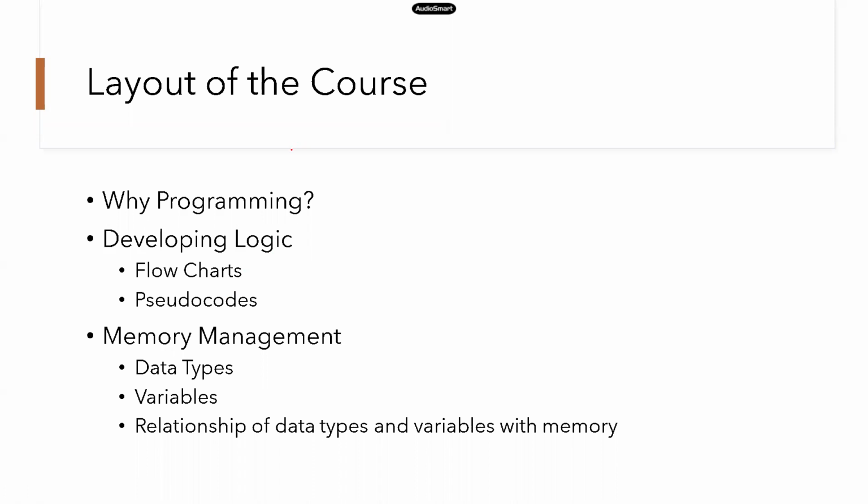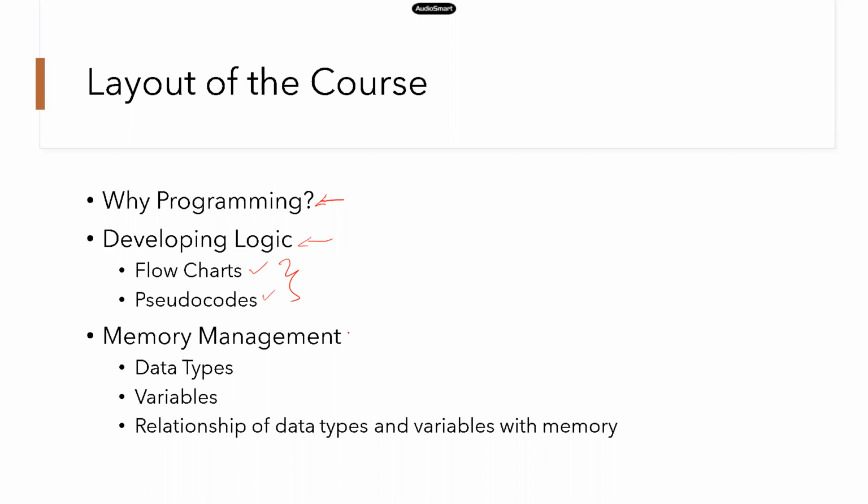First of all, we'll see why programming is done, what are the different applications of programming. Then we'll be seeing how to develop the logic. Within this section, we will be seeing the flowcharts as well as the pseudocodes, which would help in developing the algorithms.